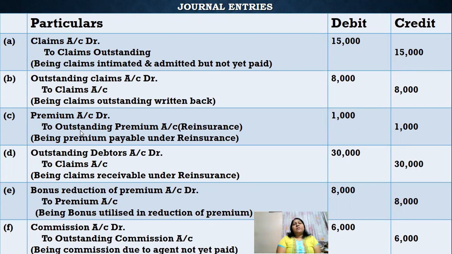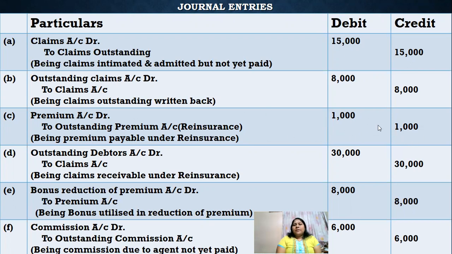The third one: if any reinsurance premium is given in the problem, you need to pass a journal entry. Premium account debit to outstanding premium account. In brackets, I mentioned reinsurance. And what is the reinsurance premium? You put the amount 1,000 rupees as per this problem.